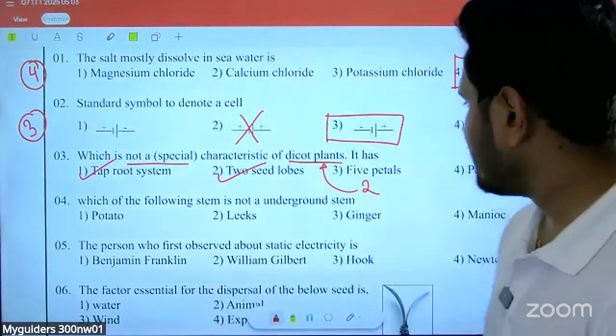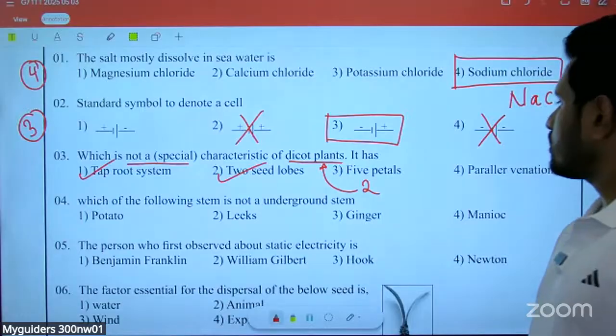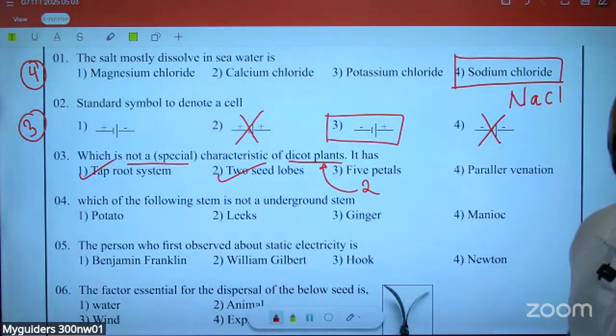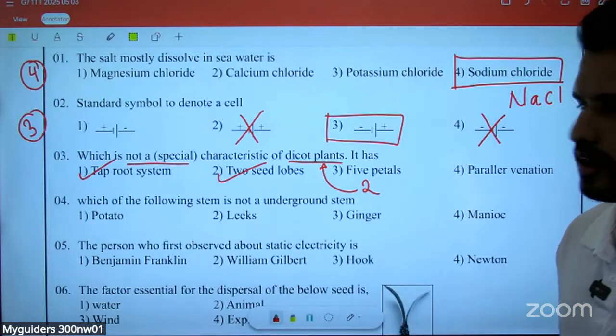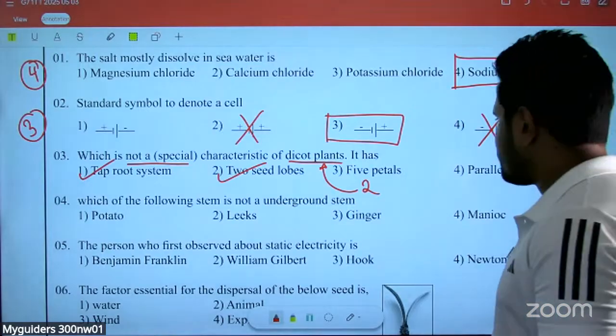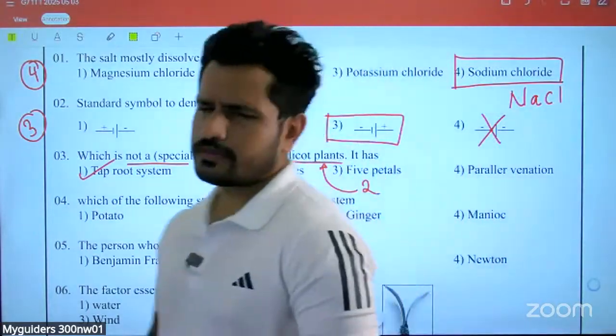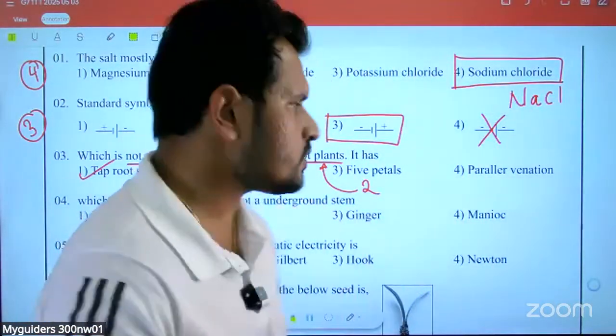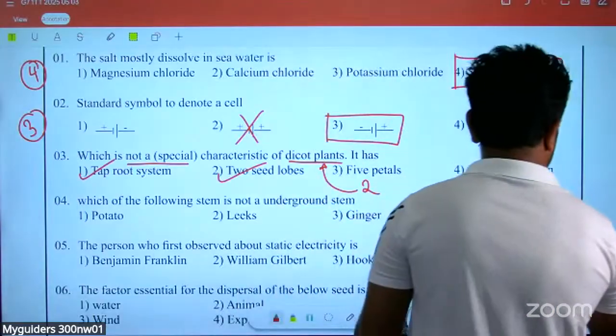Right? And then 5 petals and parallel venation. So, in a dicot plant, you can observe this sort of venation, right?